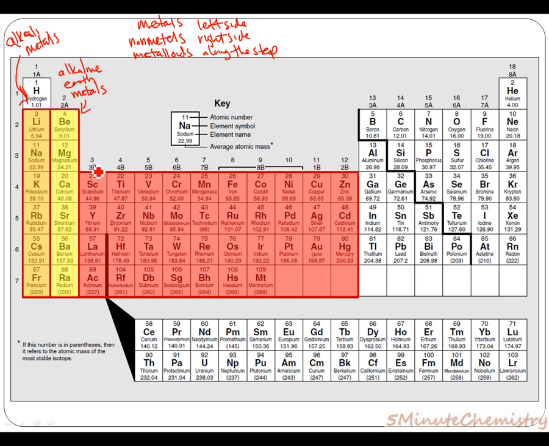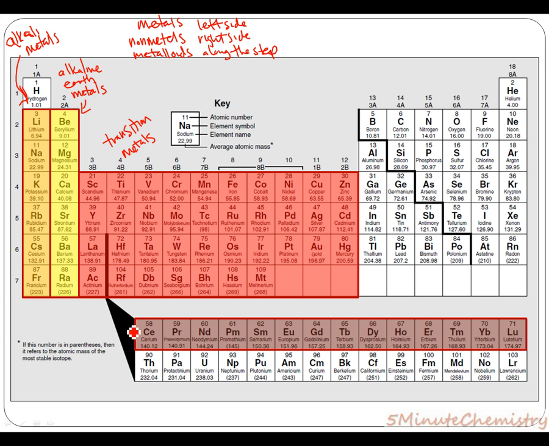Our third group, here in the middle, these are the transition metals. And the transition metals, this is just another grouping containing a lot of elements here within the d orbital group, which we'll talk about a little bit more later. But these are known again as the transition metals.